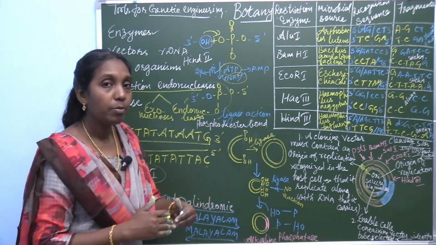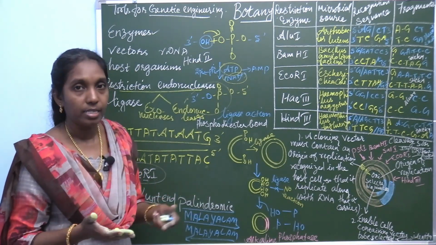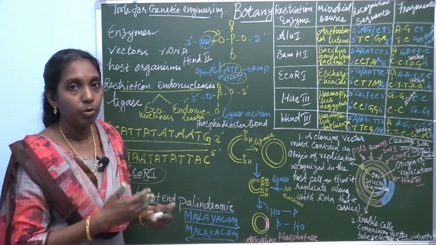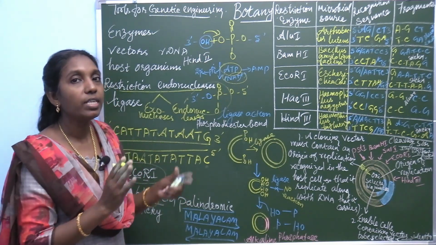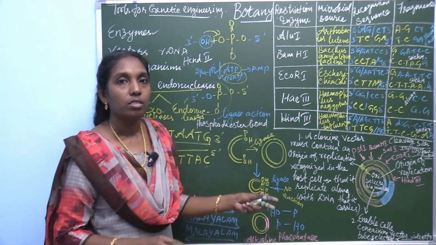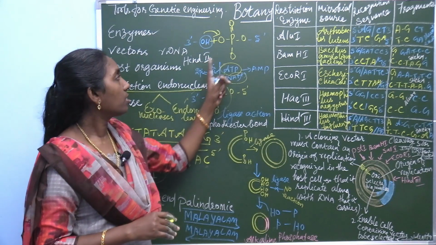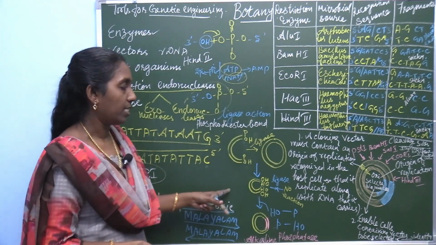So, alkaline phosphatase enzyme, what is the role? It is the modifier enzyme. So, either it adds or removes the 5-phosphate terminals. So, keep this point in your mind, this ligase and this alkaline phosphatase.